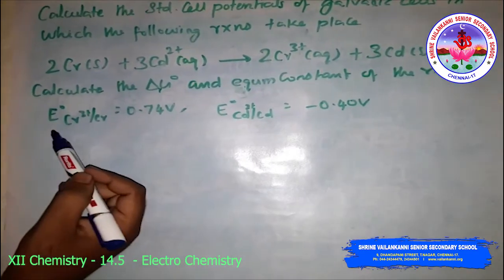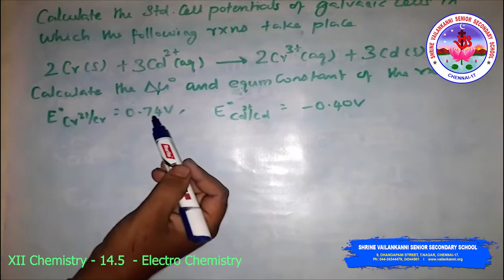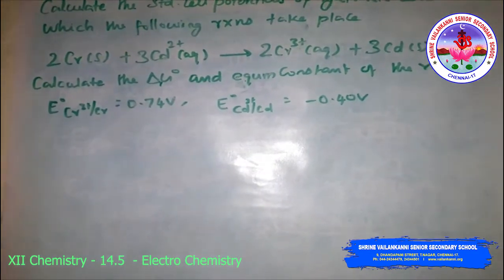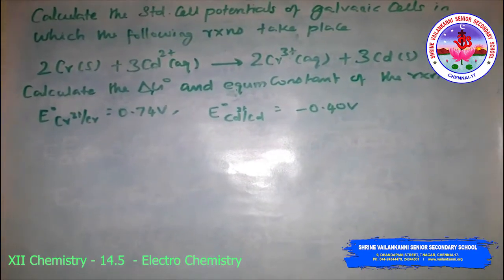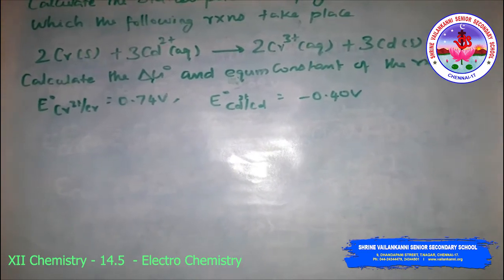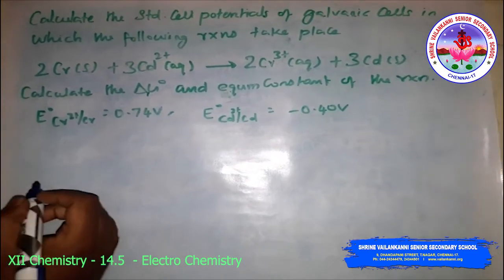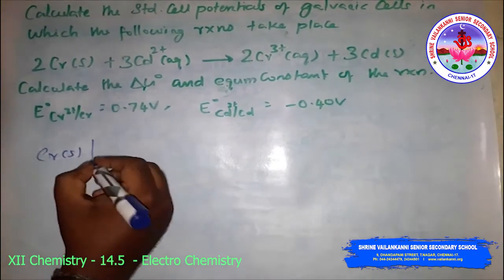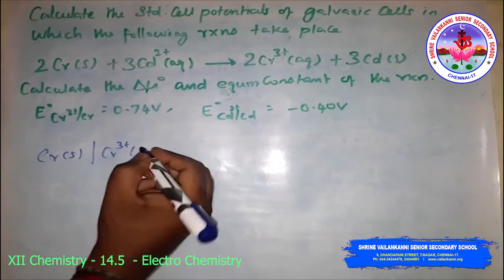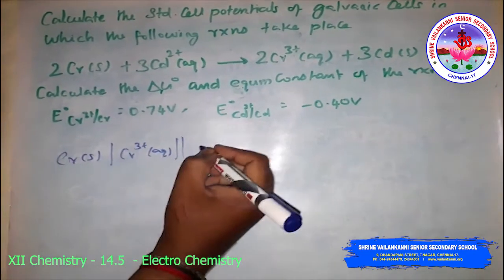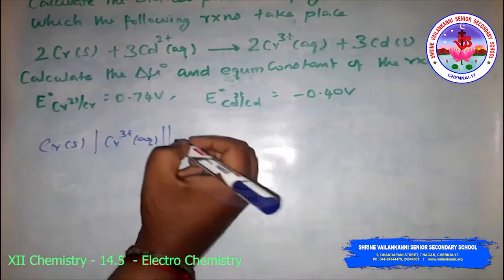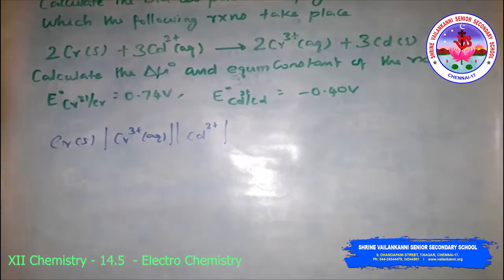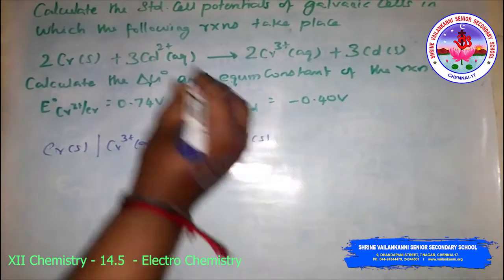The values given are E naught for Cr 3 plus is minus 0.74 volt and for Cd 2 plus is minus 0.40 volt. The galvanic cell for the given reaction, we usually write like this: Cr solid single line Cr3 plus aqueous double line Cd2 plus single line Cd solid.